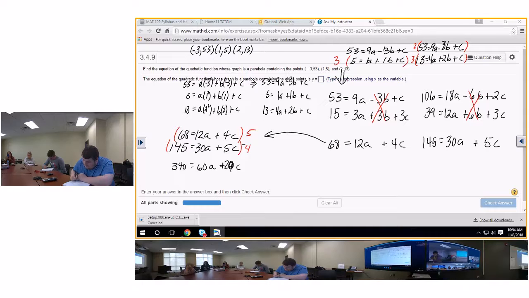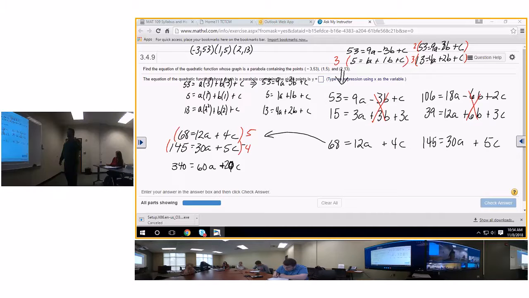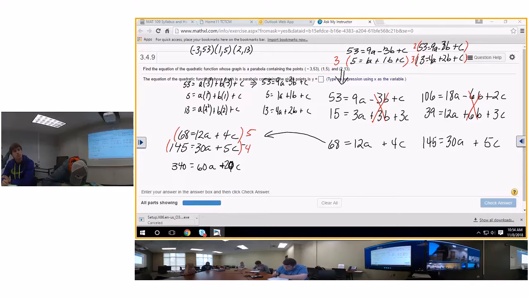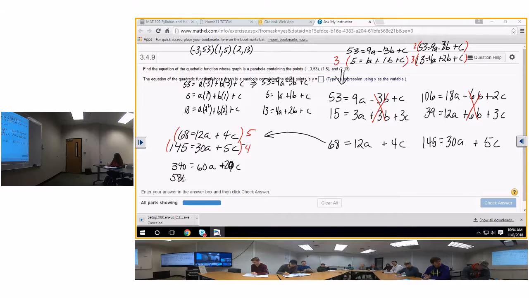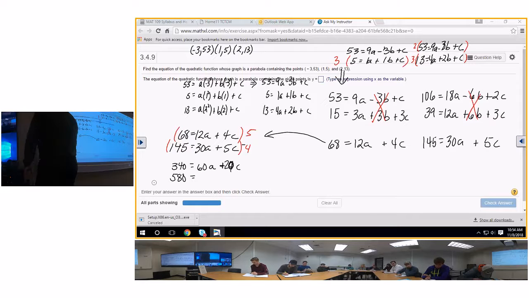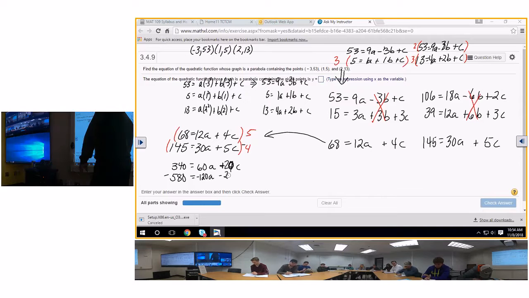Negative 120A minus 20C. Somebody check my math.